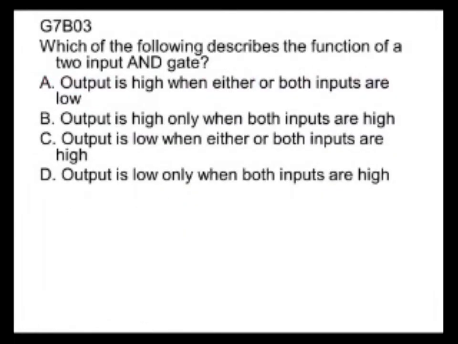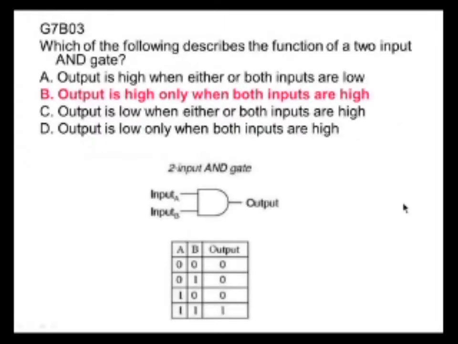Which of the following describes the function of a 2-input AND gate? Okay, an AND gate is a logic device. This is the symbolic representation of an AND gate. And it's called an AND gate because the output will only be high if there is a high input on both the A and the B inputs. Okay?